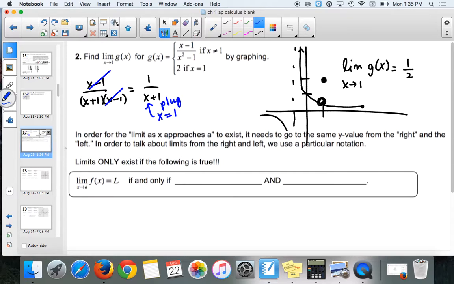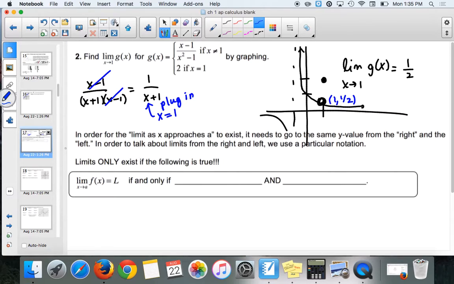Yeah, if you use the simplified version and plug in 1, we get 1 over 2. That's what the limit is. Where would that hole be once I reduce it out? It would be at 1/2. So that point right there, the one that was open, is 1, 1/2. That's why our limit is equal to 1/2. Does that make sense to everybody?